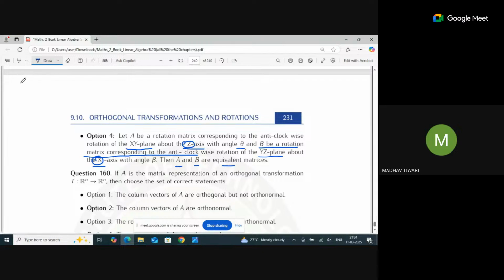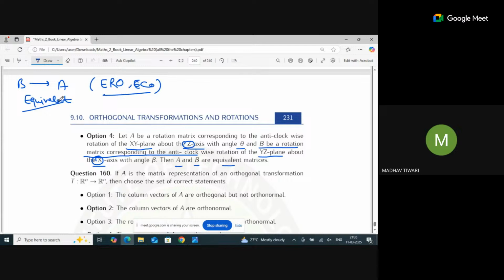So I have two matrices, and you know that if I can form the B matrix from A by using some elementary row or column operations, then I can say that it is equivalent, right?